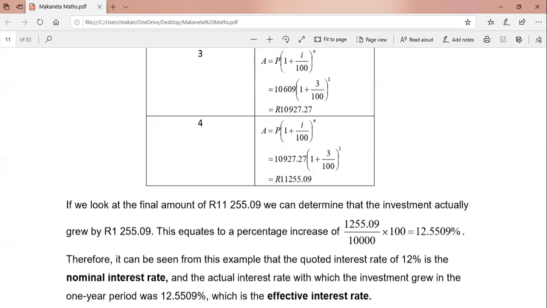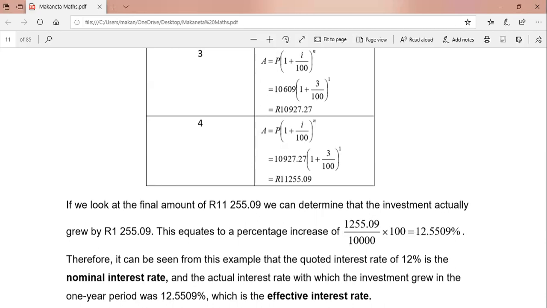So it should be very easy. It should not be difficult for you to calculate the effective interest rate. And basically, the interest rate that we normally use, the one that is given to generate your investment, is known as the nominal interest rate.